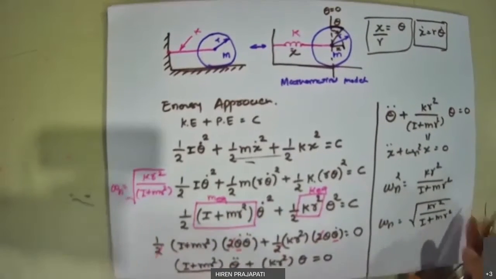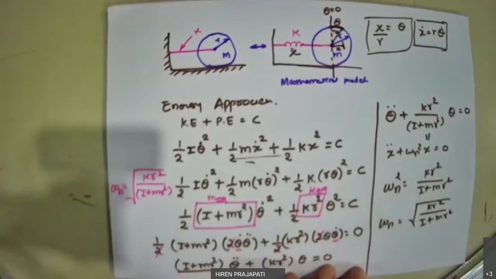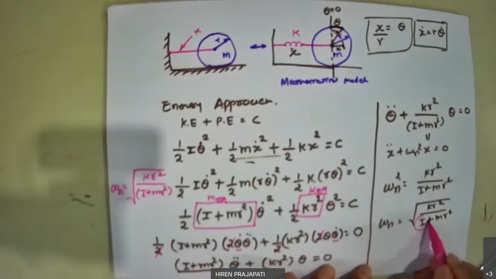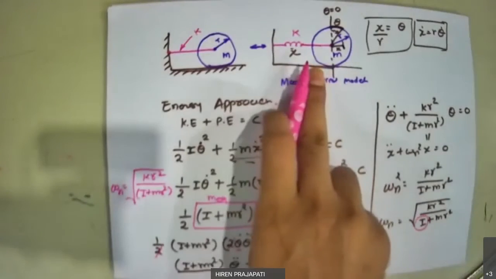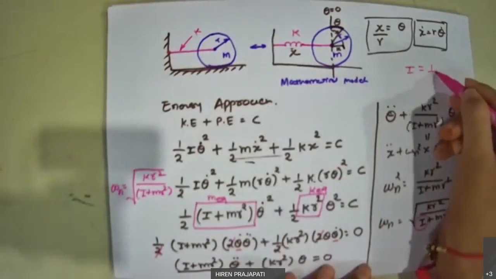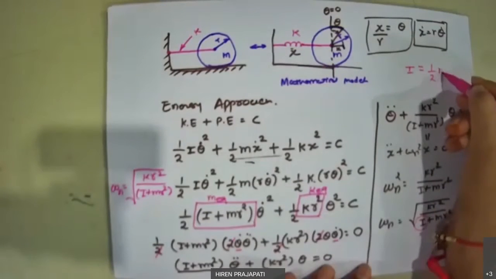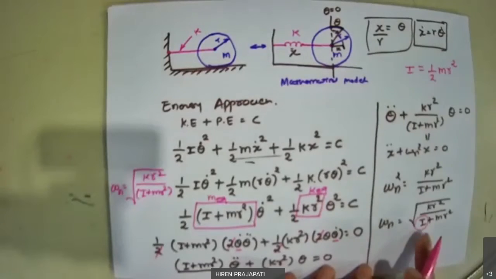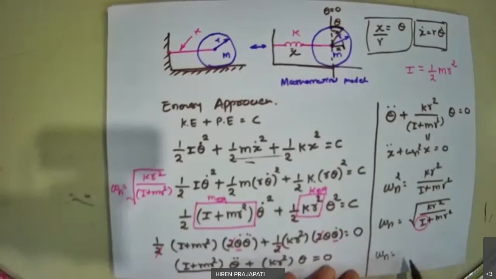Now, let me write it in more detailed form. Then I is what? Mass moment of inertia of this circular disk. So mass moment of inertia for any circular disk is 1/2 mass of that disk into radius square. So radius is r, so r square. So what will be the simplified equation of natural frequency?